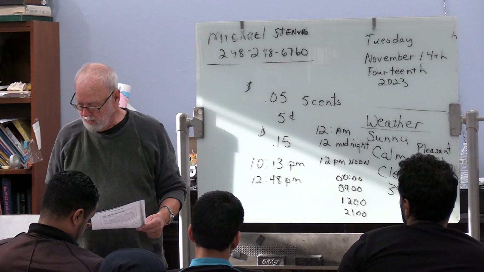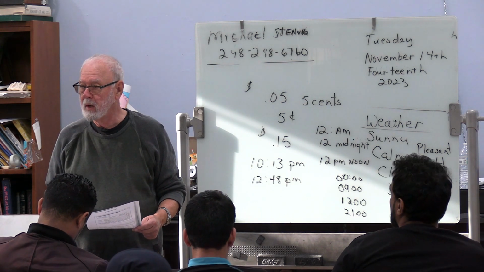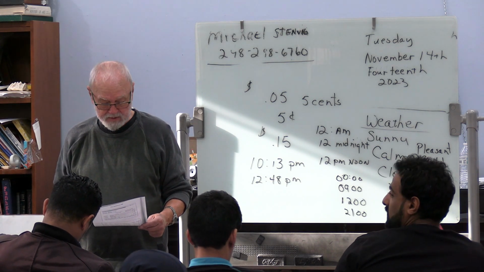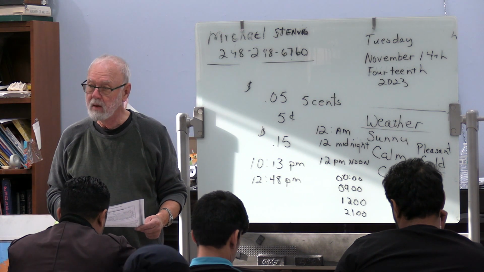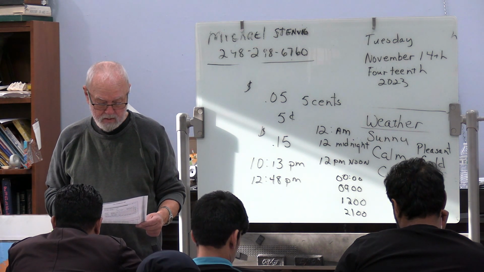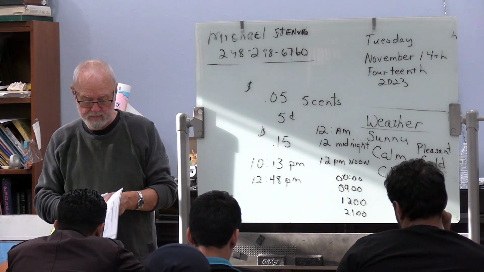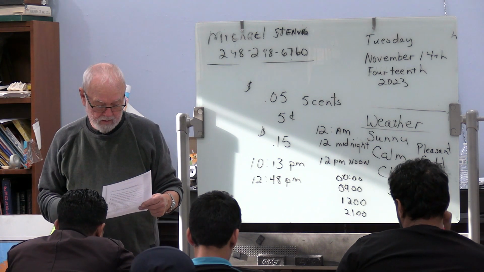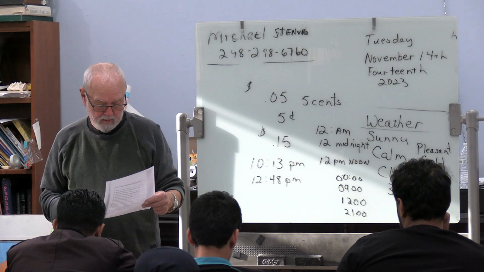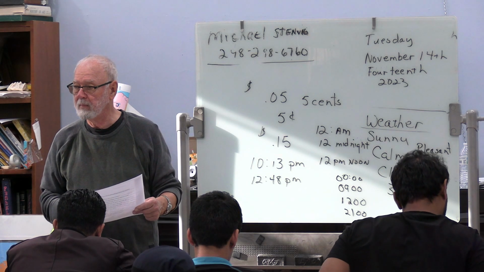Number 7. Where was item 2? Poway, California. Very good.